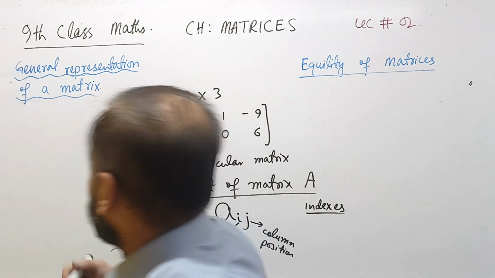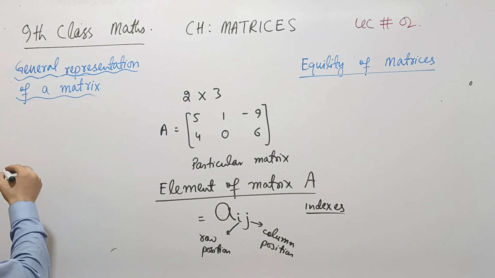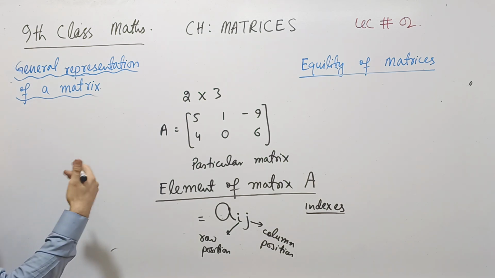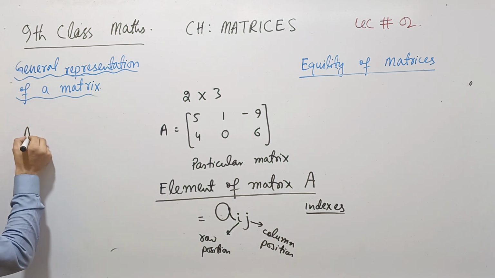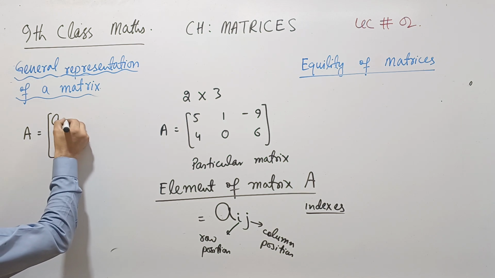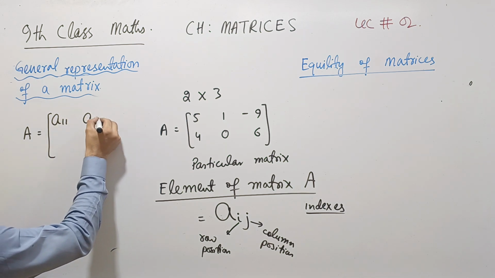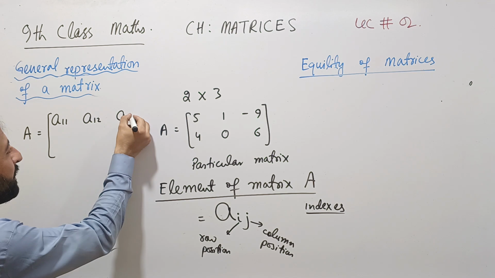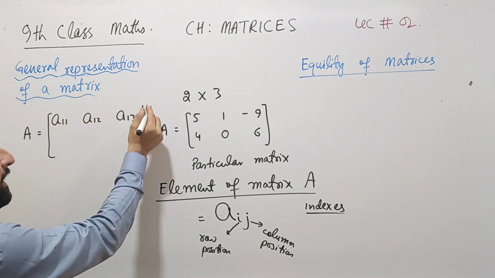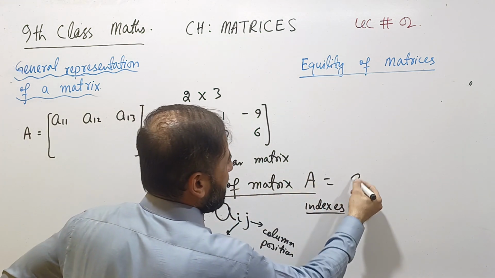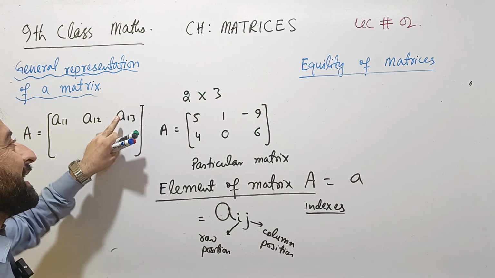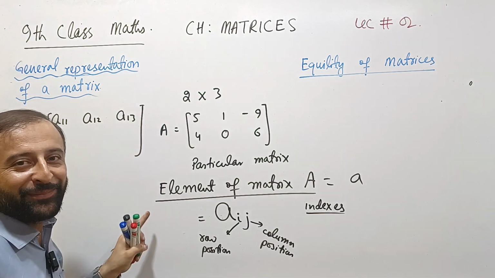For example, if I tell you to write a 2 by 3 matrix A, then you will have to write it generally. Don't go for particular numbers. So you should write these entries: a11, a12, a13. a13 simply means: a is an element of matrix A, and these are the indexes, so it is the element of matrix A in the first row and third column.